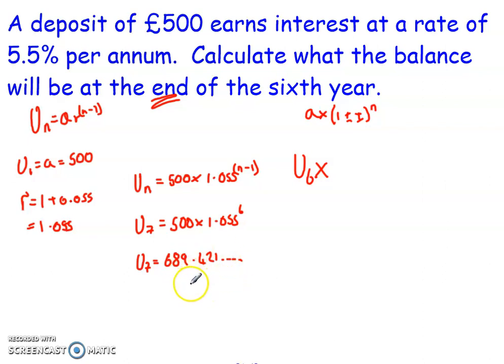Now this is money. Remember, money always goes to 2 decimal places. So in this case we round it and we have to give it the units. So U7 is going to be equal to £689.42. So at the end of the 6th year, i.e. the start of year 7, that's the amount of money that we're going to have in our account.